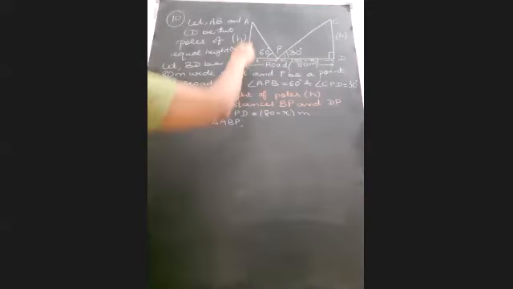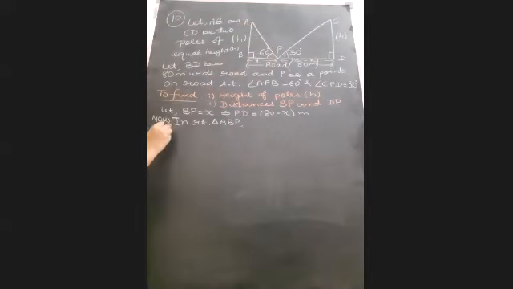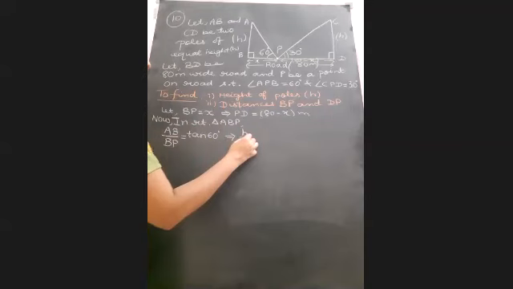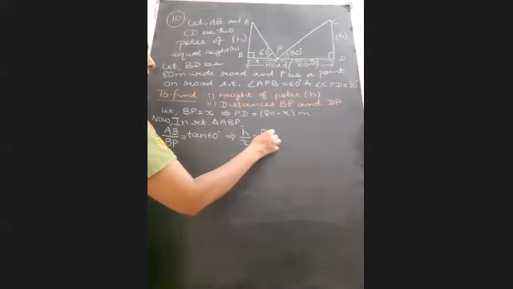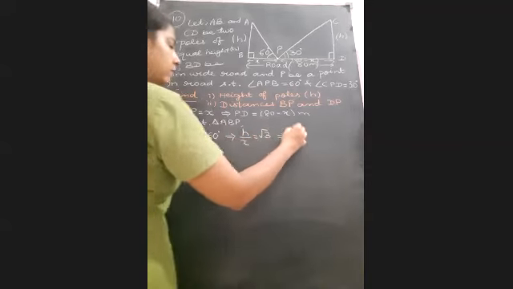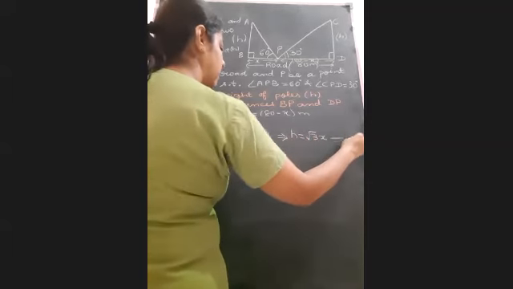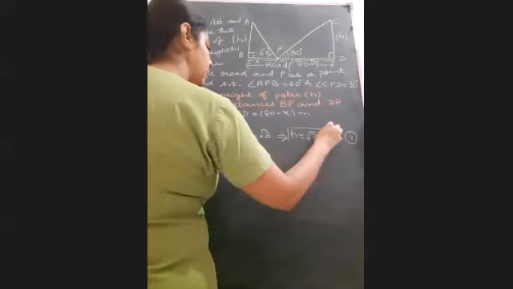AB upon BP is tan 60, right? Which means H upon X is equal to root 3, and which gives me H is equal to root 3x. Let us call this 1.